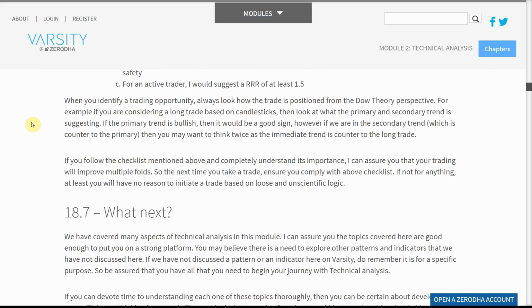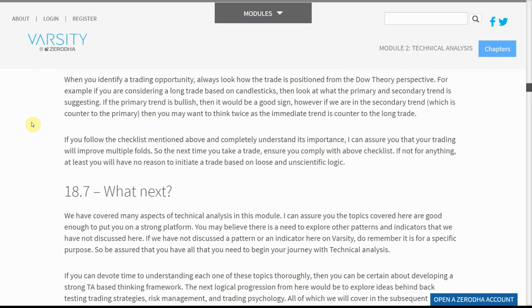When you identify a trading opportunity, always look at how the trade is positioned from the Dow theory perspective. For example, if you are considering a long trade based on candlesticks, then look at what the primary and secondary trend is suggesting. If the primary trend is bullish, then it would be a good sign.